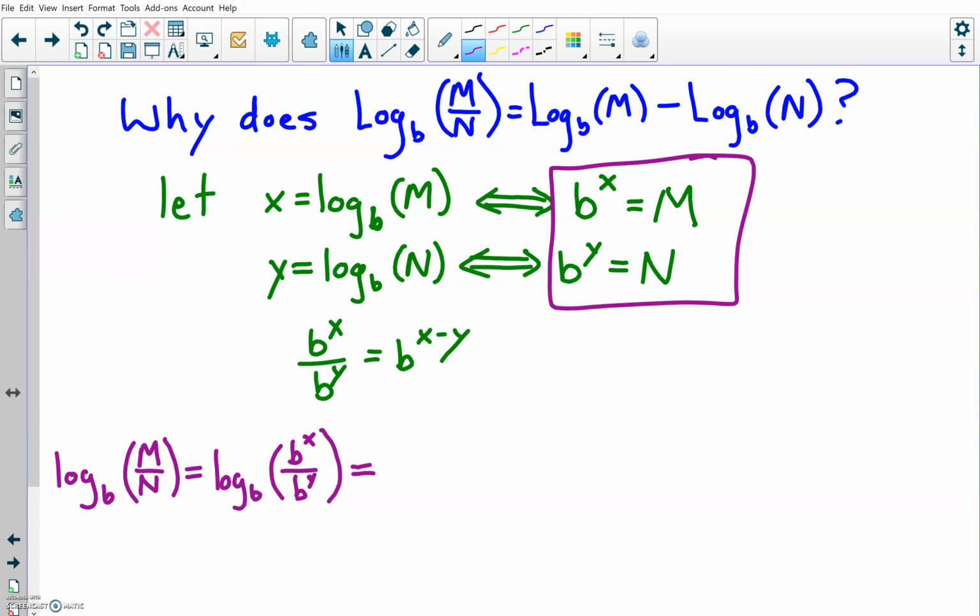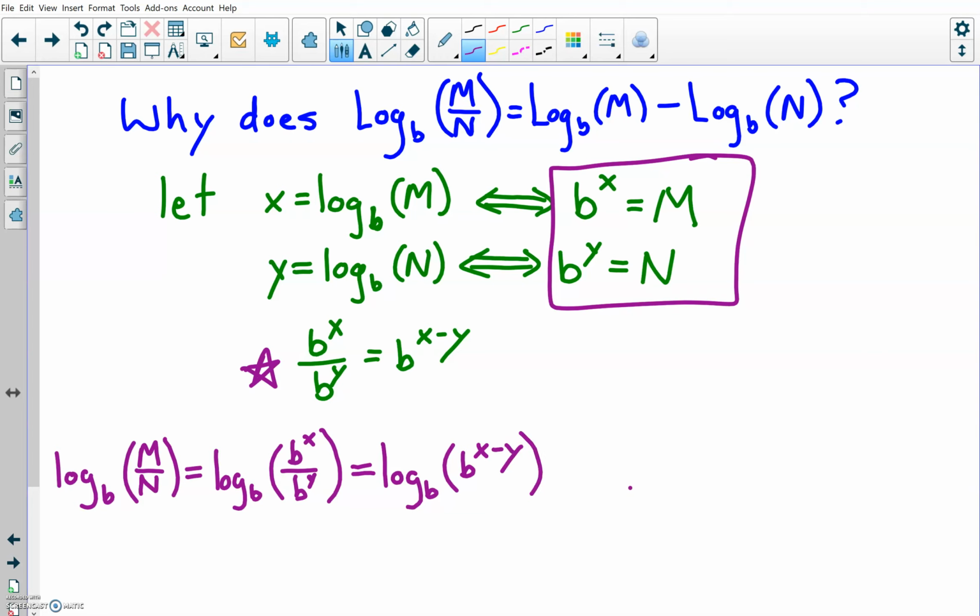I've got that b to the x over b to the y, and I'm going to use this exponential property, and that's what's going to get this division changed into subtraction. We're going to get subtraction into the mix right here on this step. You're going to see it. So log base b of b to the x minus y now.